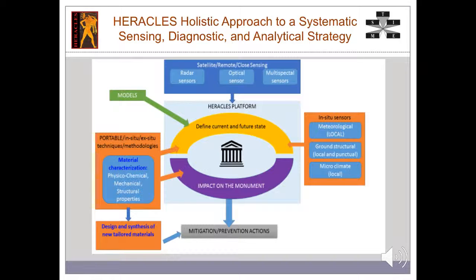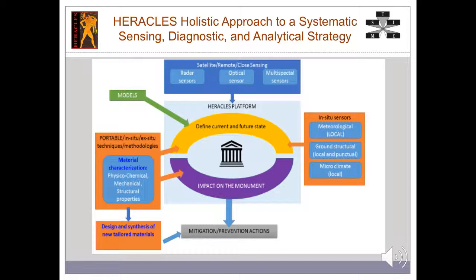Going clockwise from the satellite and more remote sensing, they might be close, but they're still not as close as the in situ sensors, which include things like meteorological sensors, so that you have weather stations right near the cultural heritage site.